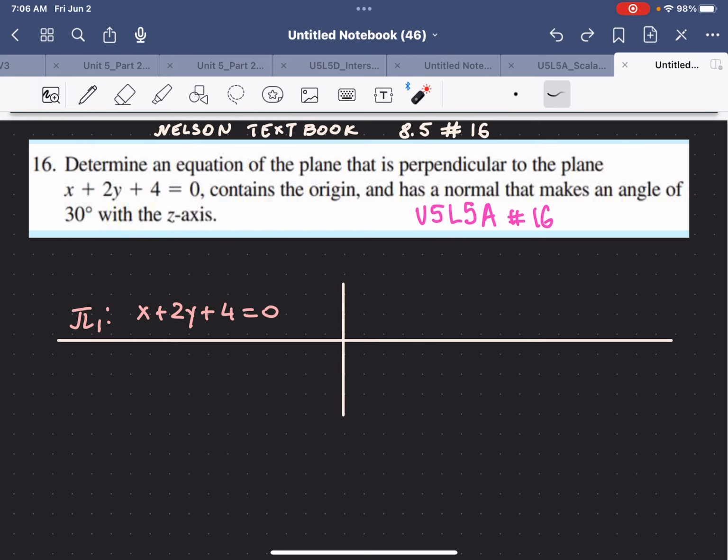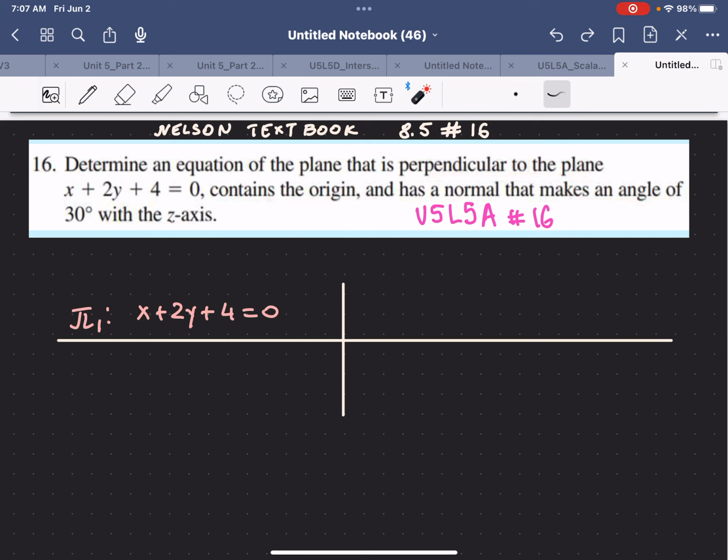Now, the second plane that we are trying to find has the following characteristics. It contains the origin, has a normal that makes an angle of 30 degrees with the z-axis, and is perpendicular to the plane. So there are three specific pieces of information given about the second plane.